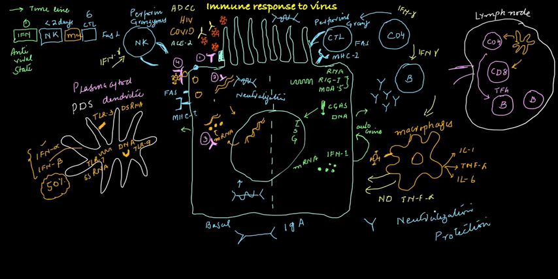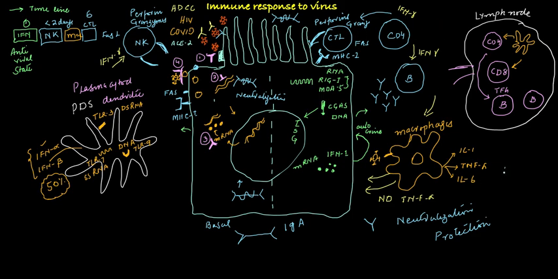So in the event of a repeated attack by the same virus, the neutralizing antibodies are very important because they neutralize these viruses and they don't allow their entry into the cell, from where all the problem begins. And if the viral infection has now been resolved, the memory B cells, CD4, CD8 and B cells, will be formed.